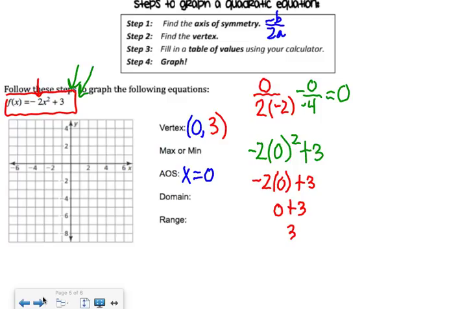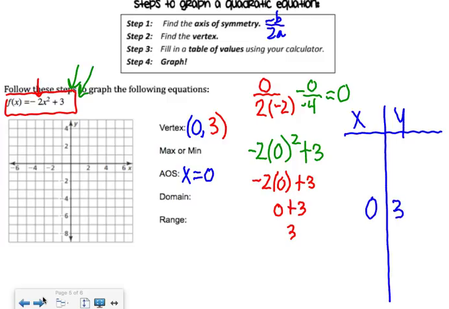Now we're going to make our t-chart. I try to give you as much space so you can organize this how you want in your notes. I know my vertex is at 0, 3. So now I'm going to pick some values from here. So 0, I can pick a 1, 2, and I can do negative 1 and negative 2.